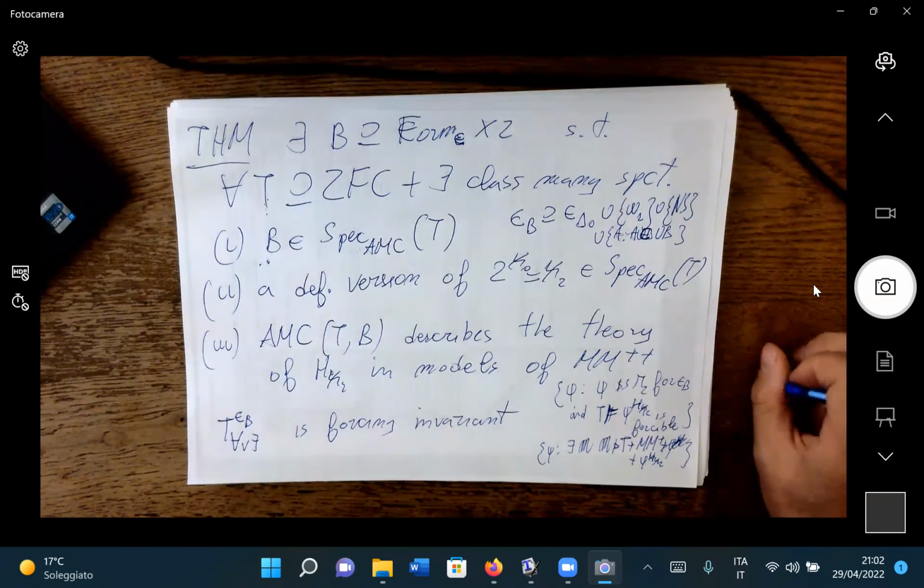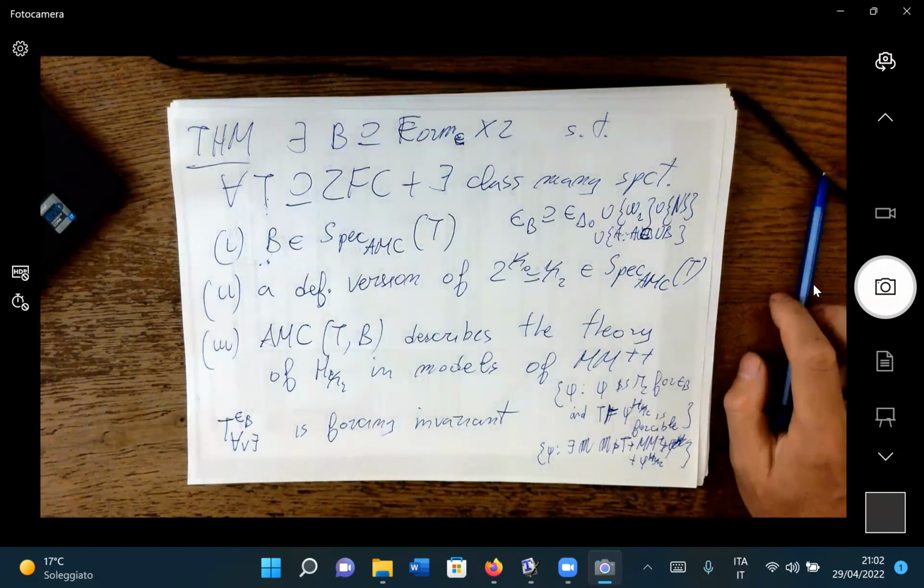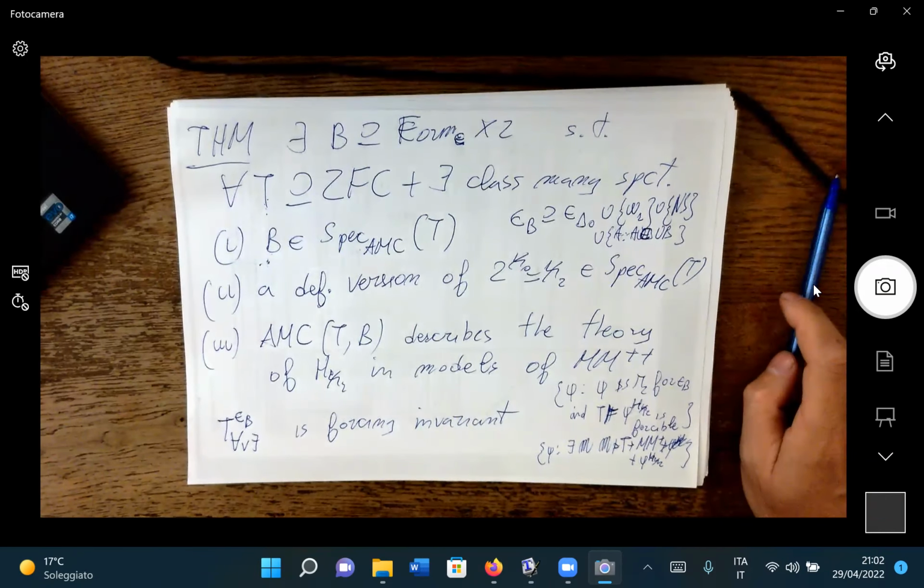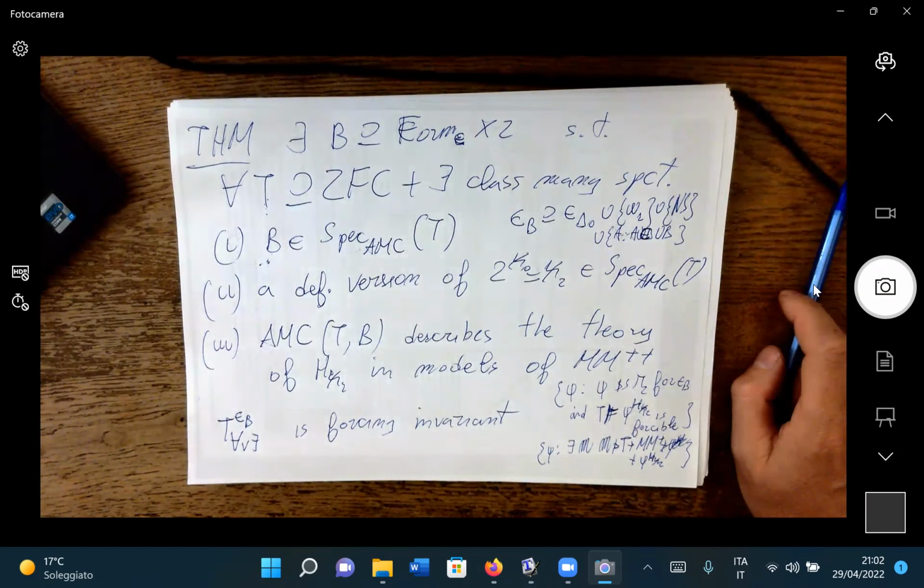Yes, exactly. To describe what happens in the theory of H aleph 2 in models of MM++. Well, not even in models of MM++. I mean, to describe the theory of H aleph 2, you better have the non-stationary ideal as a predicate. You better have omega 1 as a constant. And maybe you want to use some universally Baire sets as well. Right.